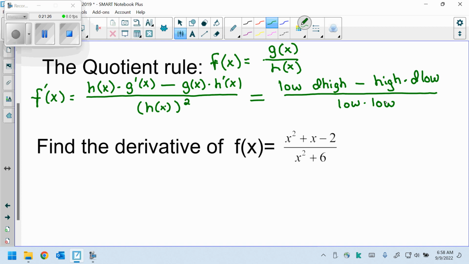Now, if I look at something like this, I'm seeing something that I cannot simplify easily. And so I'm going to find the derivative. I'm going to find f prime of x. So I'm going to take what's down low, multiply by the derivative of what's up on top.